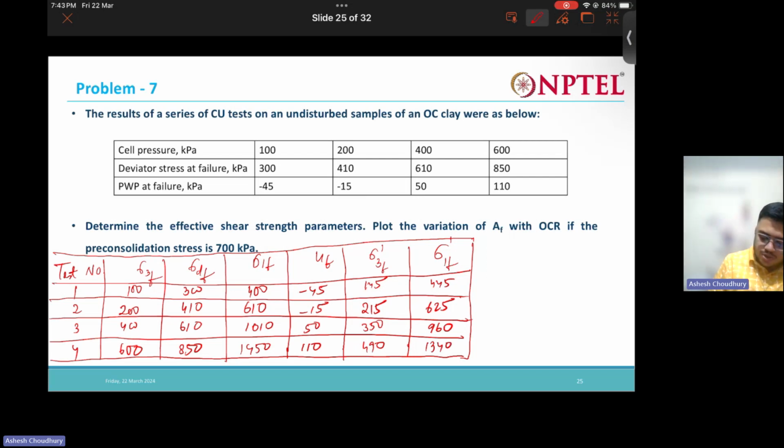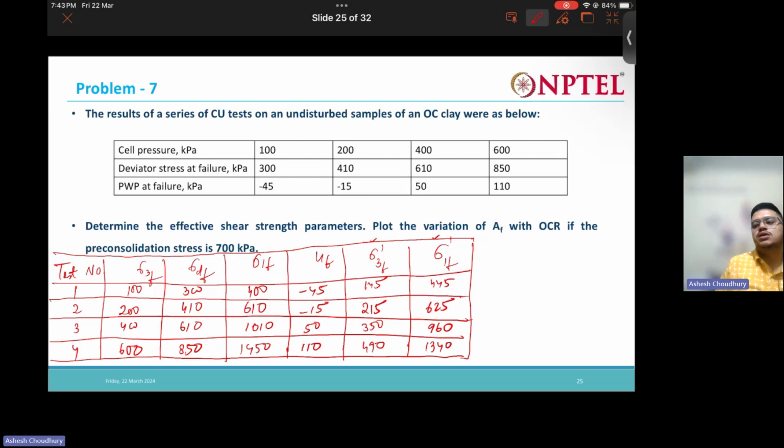Then we use these two values, sigma 1 prime f and sigma 3 prime f, to plot 4 Mohr circles. After drawing the 4 Mohr circles, we draw a common tangent to these circles.